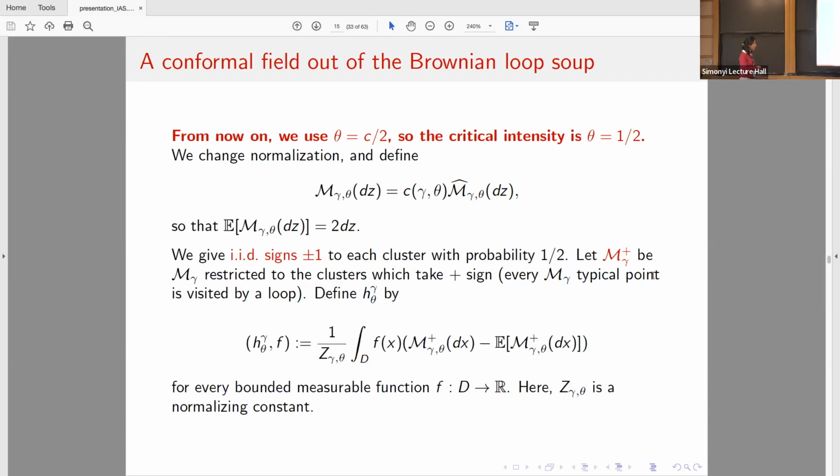Then we define a field h theta gamma in this way: we take the M plus gamma measure, take away its expectation, integrate over f(x), and divide by some renormalizing constant c gamma theta.